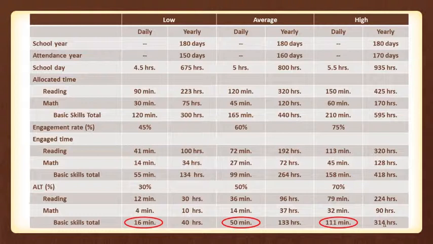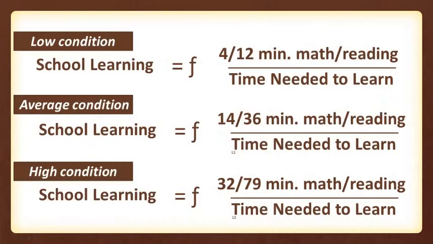School learning is a function of, at least in part, the amount of time given to learning and the amount of time needed for a student to learn. So somewhere between 4 and 32 minutes are given to math learning, depending upon what condition that we're in.